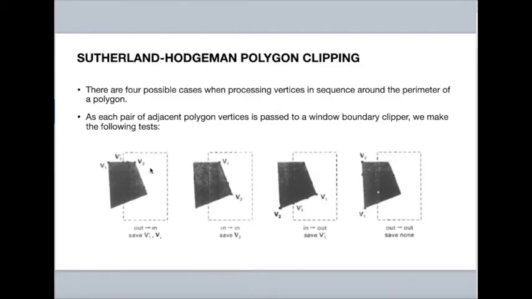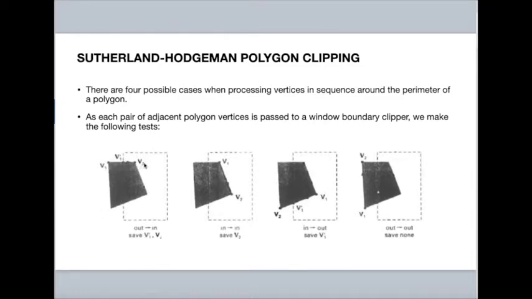This is shown here. You have a vertex v1 and a vertex v2. Here the first vertex v1 is outside the window boundary and the second vertex v2 is inside the window boundary. Out, in.